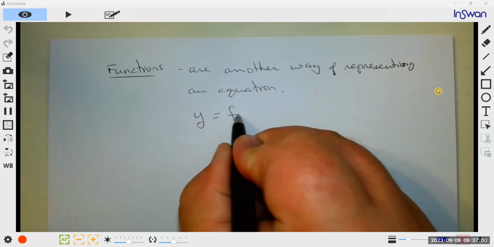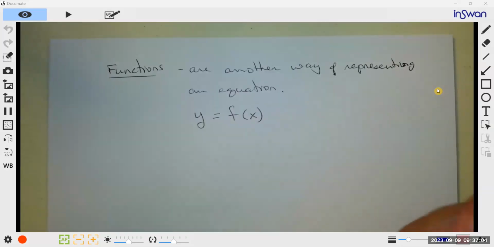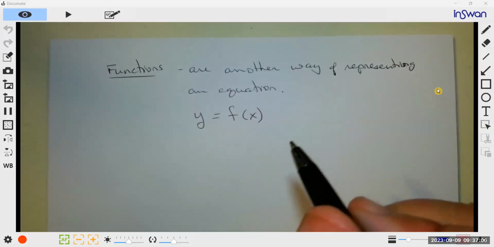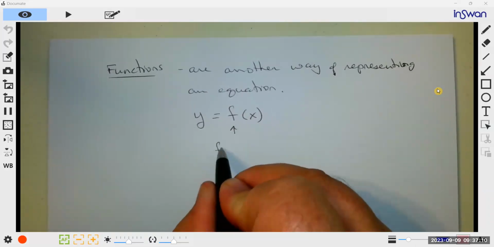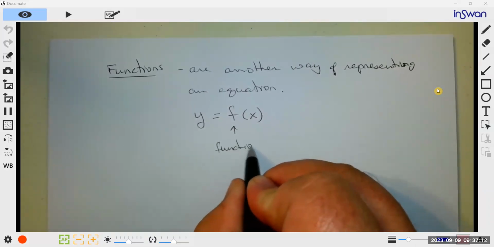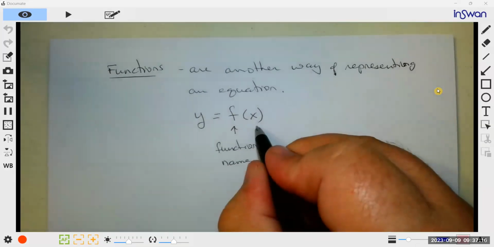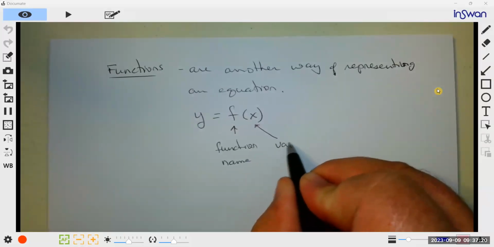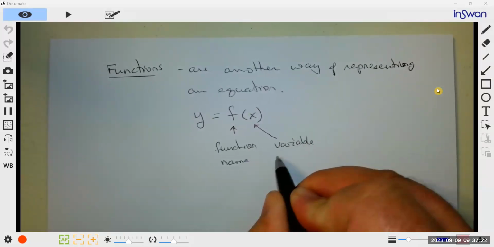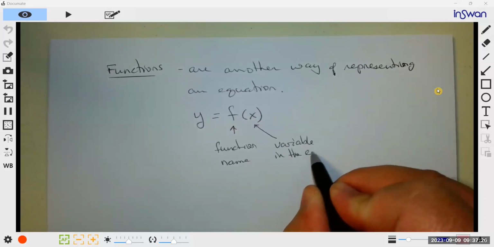What we're now going to use, instead of the letter y, is this notation. This is the function name. This is the variable in the function or the equation.